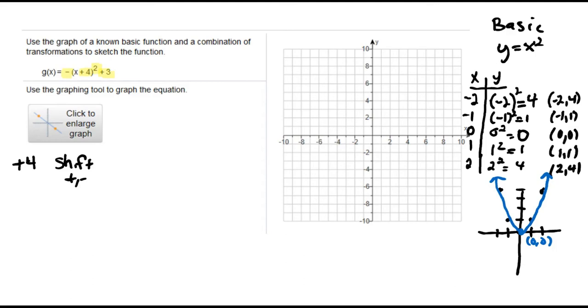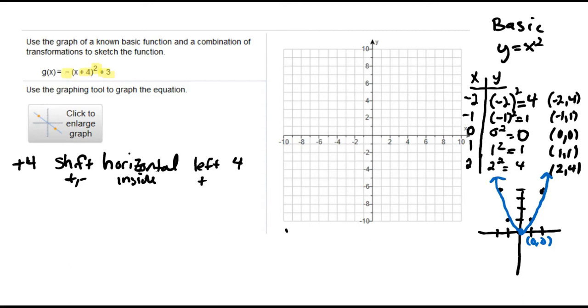Now that +4 is on the inside of the square, so that's going to make it a horizontal shift. Horizontal means left or right. So I know that that is a horizontal shift because that +4 is on the inside. And then, because it is a plus, I know that shift is going to go to the left 4 units.